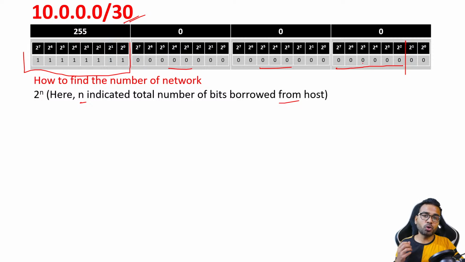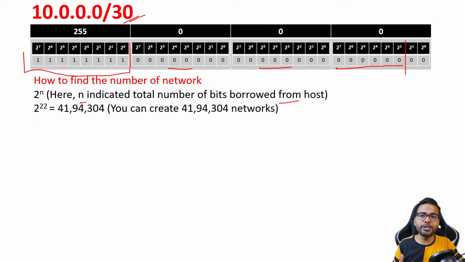We have borrowed 22 bits from the host, so the correct answer is 2 to the power 22, which is 4,194,304. These are the total number of networks that you can create from this one IP address.